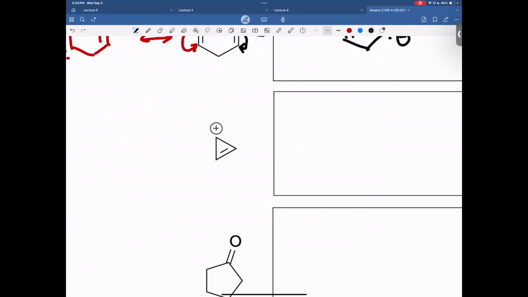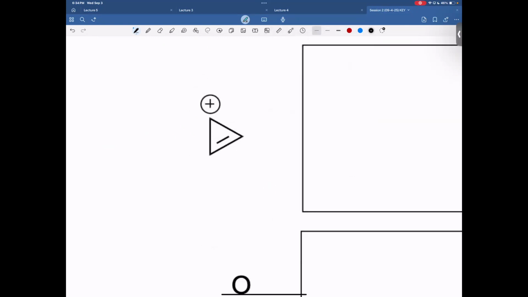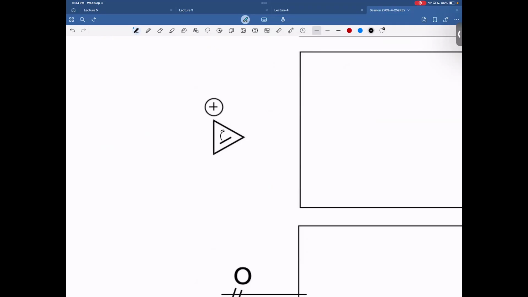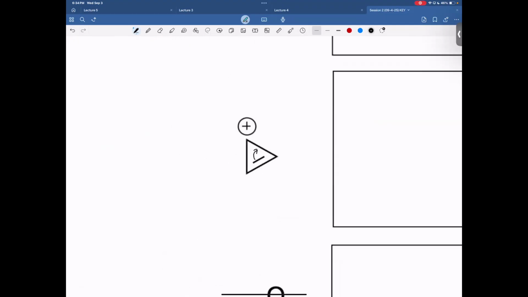Okay, next one. We've got a carbon ion again. What we can do here, we have a double bond, so this is our source of electrons. This is a bit small, let me zoom in. We can take this and put this here to make a double bond. And that's literally it. So what would that get you?